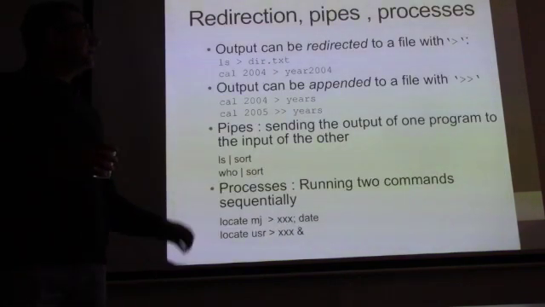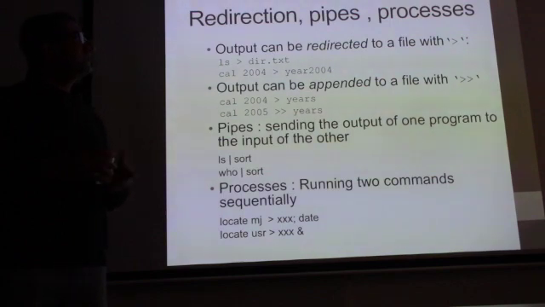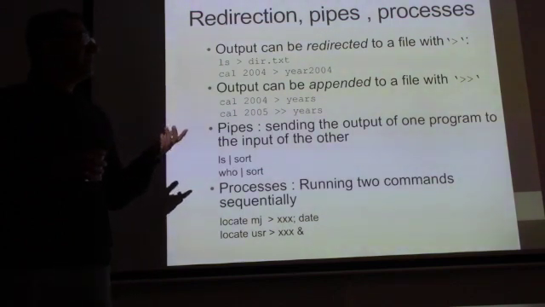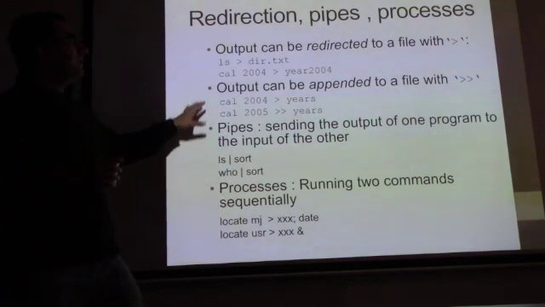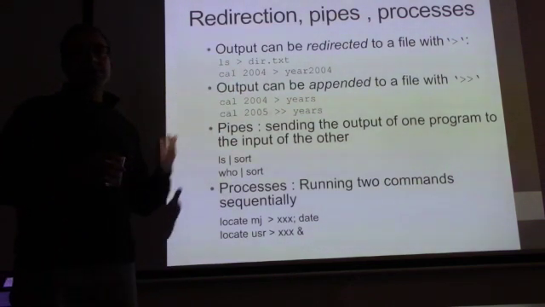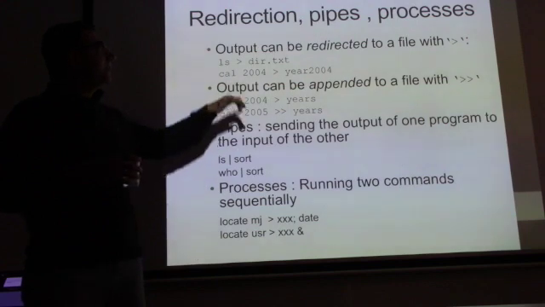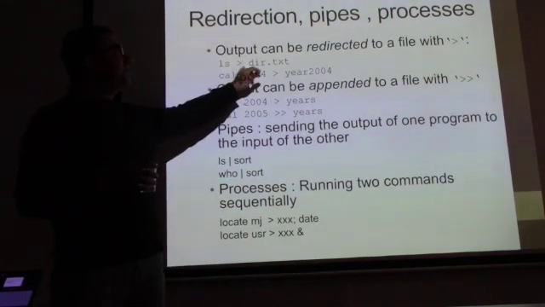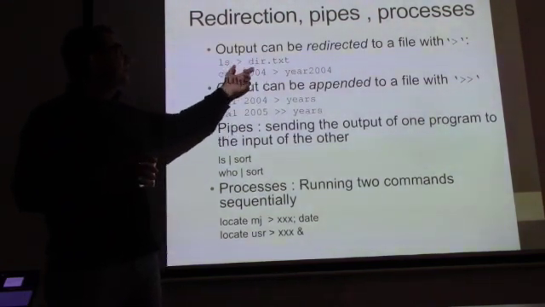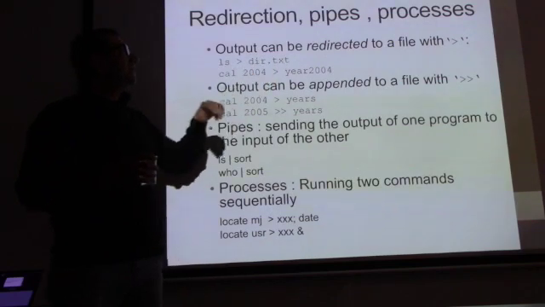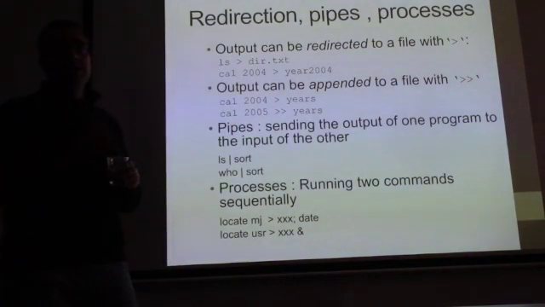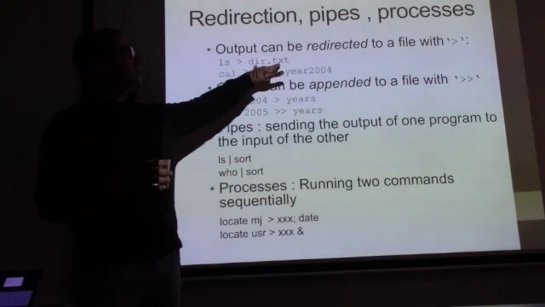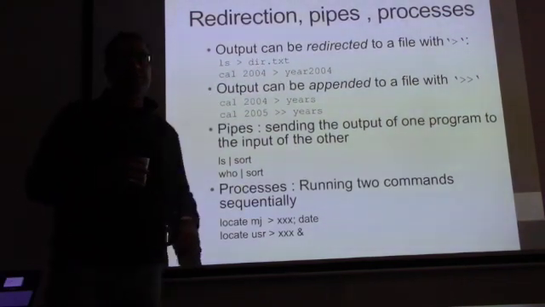All right, so here's something that I found important, which is redirection, pipes, and processes. So let's talk a little bit about redirection first. Remember I said ls. ls is a command that lists out your directory. If you type a greater than sign after it and then type dir.txt, instead of giving the output on your screen, it stores it into this file called dir.txt.